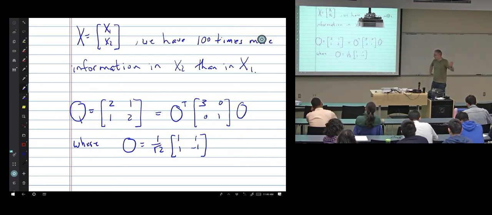Okay, so this is on your midterm exam. If I have a symmetric matrix, it's similar to a diagonal matrix with an orthogonal transformation.